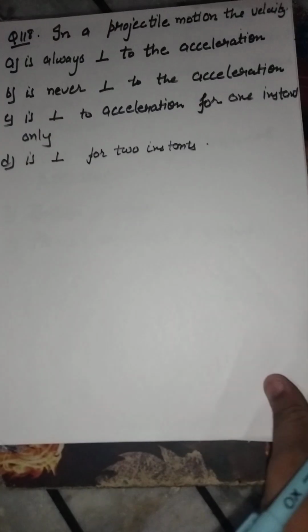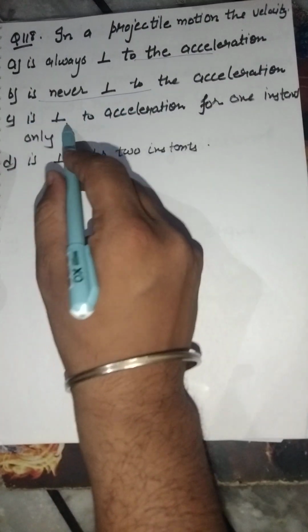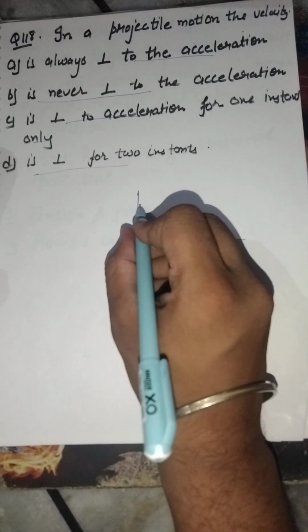Next is question number 118. In projectile motion, the velocity is always perpendicular to acceleration, is never perpendicular to acceleration, is perpendicular to acceleration for 1 instant only, or is perpendicular for 2 instants only. Let we have an angular projectile motion.